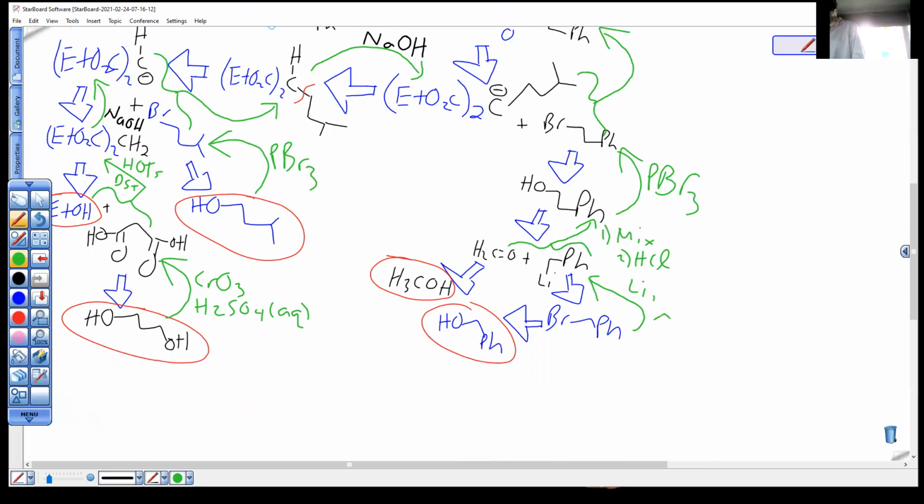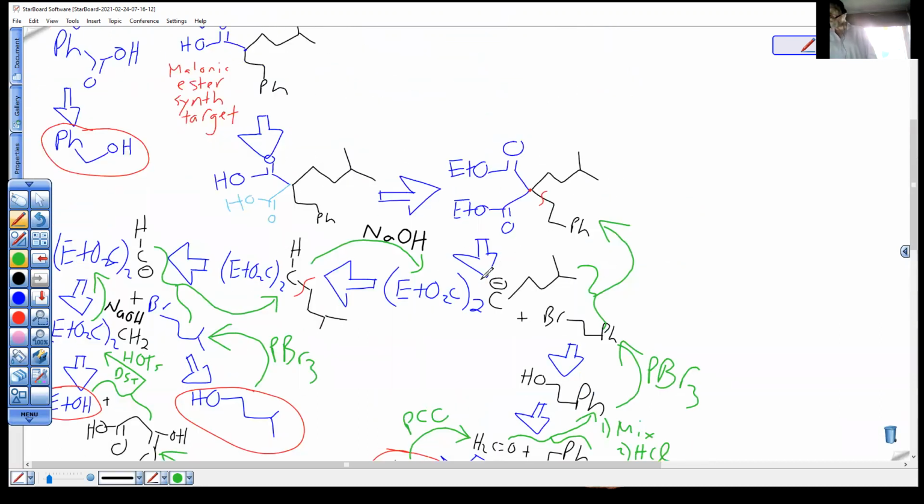Lithium and hexane. How do you make alcohols into alkyl bromides? PBr3. How do you make alcohols into aldehydes and not carboxylic acids? PCC.